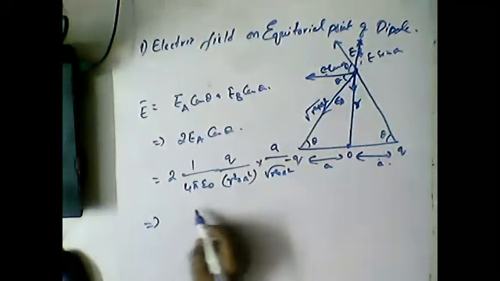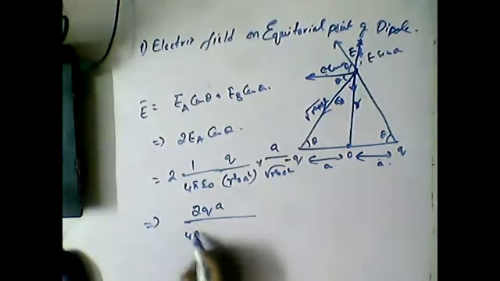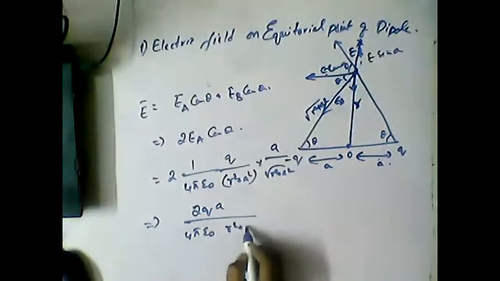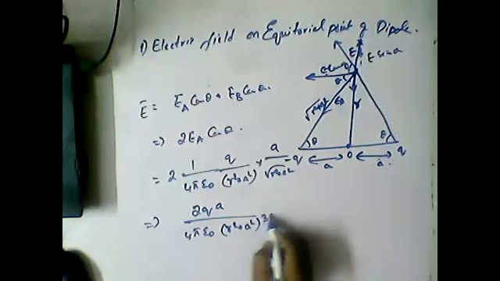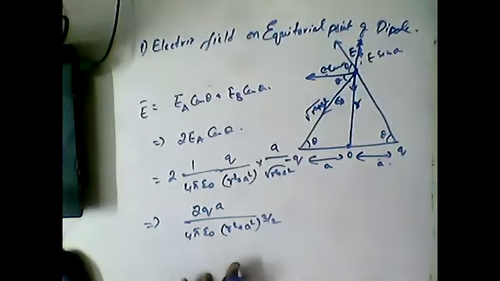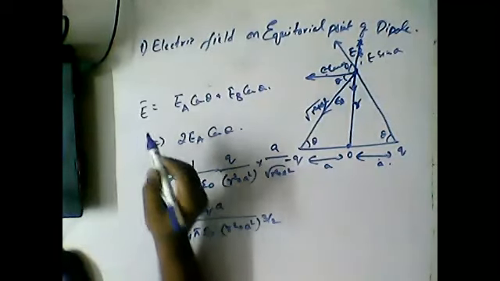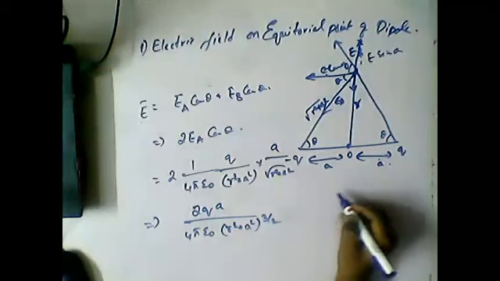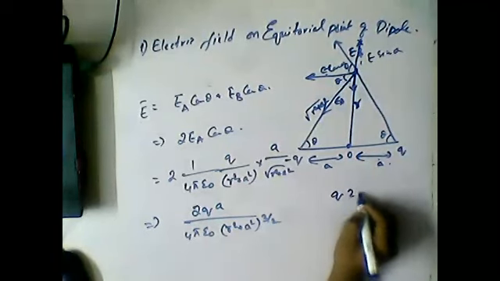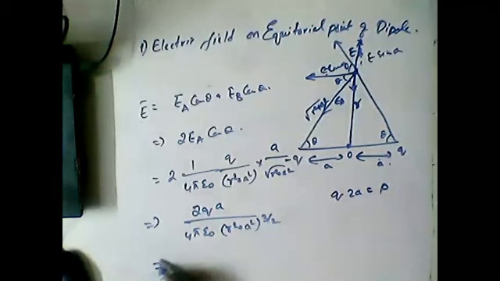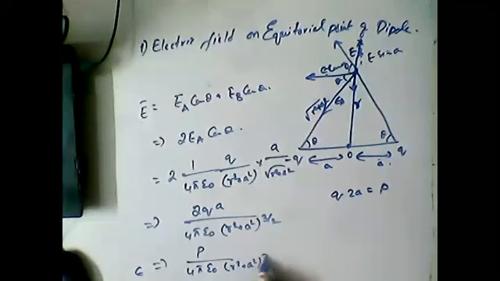So overall what we are getting, guys, is 2qa by 4 pi epsilon times r square plus a square whole power 3 by 2. This is the formula for the electric field on an equatorial point of a dipole. But we already know that q into 2a is equal to p, so we can write E is equal to p by 4 pi epsilon times r square plus a square whole power 3 by 2.